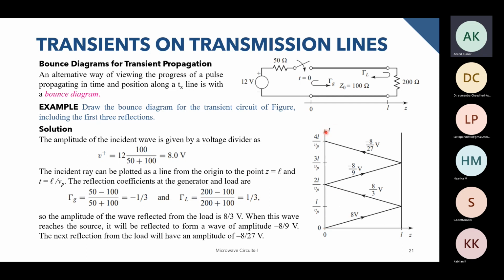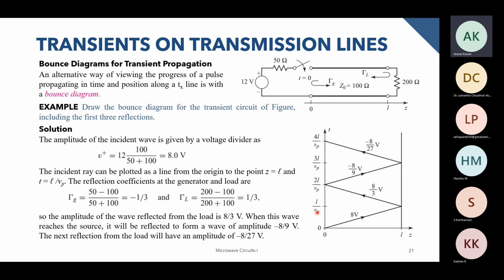The time axis is along this direction, and we divide it by L by Vp, which is the time in which the wave will reach the end of the transmission line. So we divide the time axis into L by Vp, 2L by Vp, 3L by Vp, and 4L by Vp.